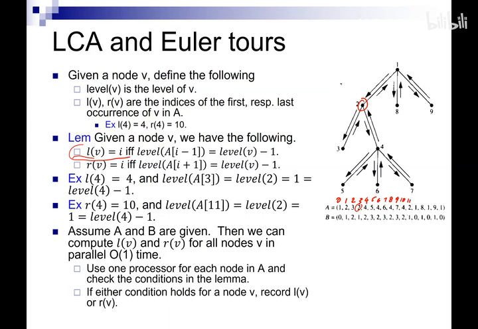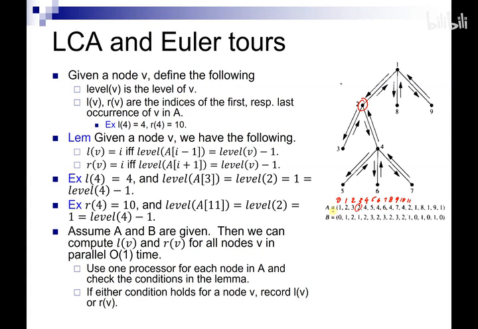Okay, so using this lemma, we can actually compute all of these L and V values in parallel, in constant time. All you need to do is assign one processor for every value in A, and that processor is just responsible for checking. We assume that we have A and B already computed, and we can do that in log time during the pre-processing.